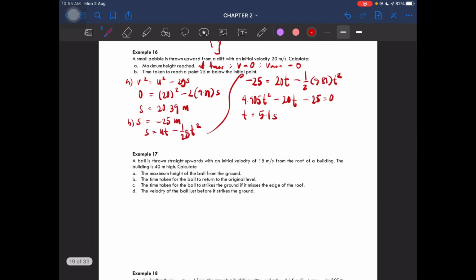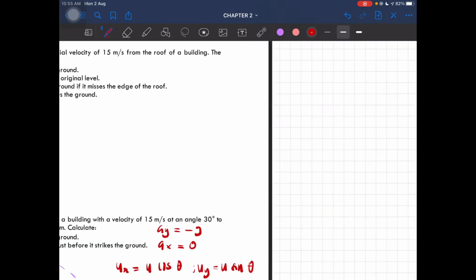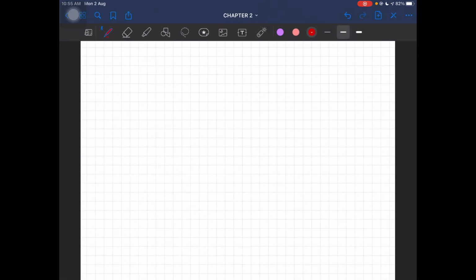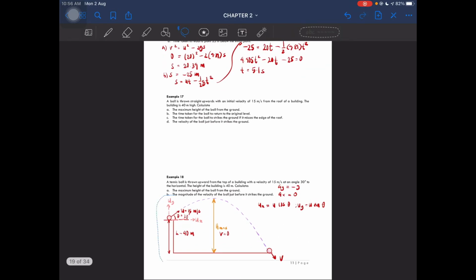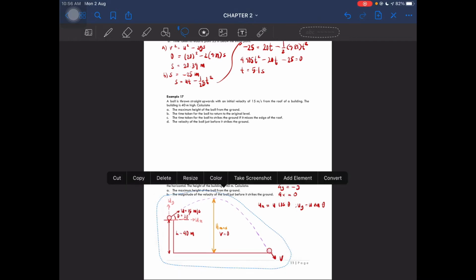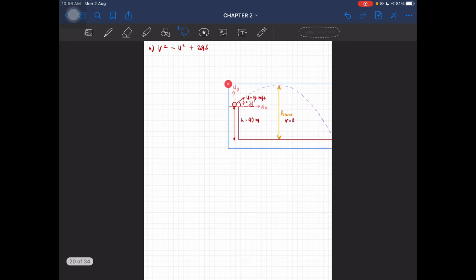Okay, wait, second last example, this one. So we are looking for maximum height, so we can find it using the formula v squared equals u squared plus 2as. But the s here is only up till, let me copy and paste it here.